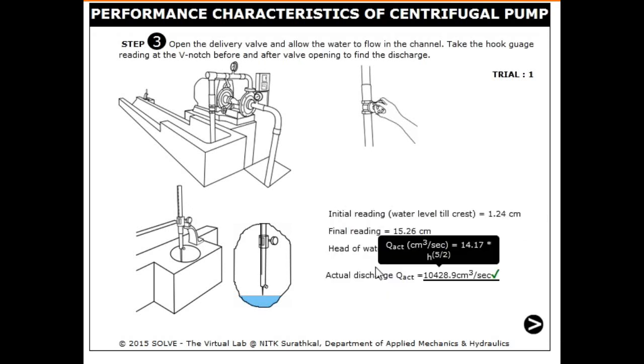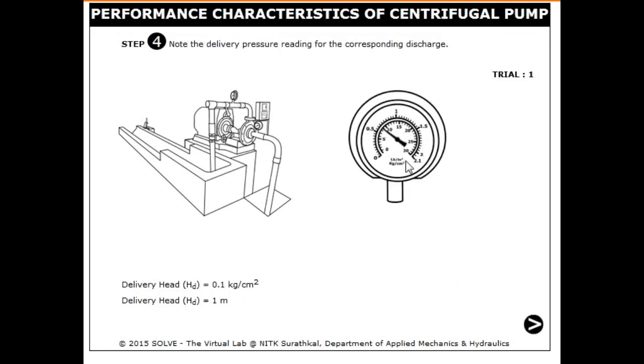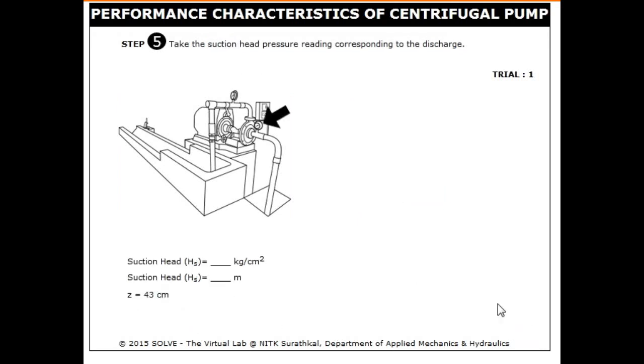Next, the fourth step is to measure the delivery pressure. You can click here and read the pressure value. You can see that the delivery head is 1 meter. Now in the next step, we have to measure the suction pressure. Earlier I told you that this is the delivery pressure and this one is the suction pressure.